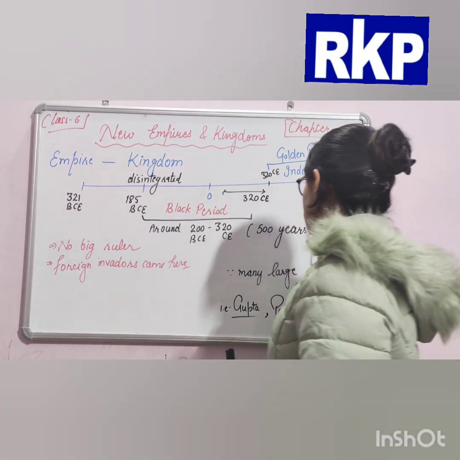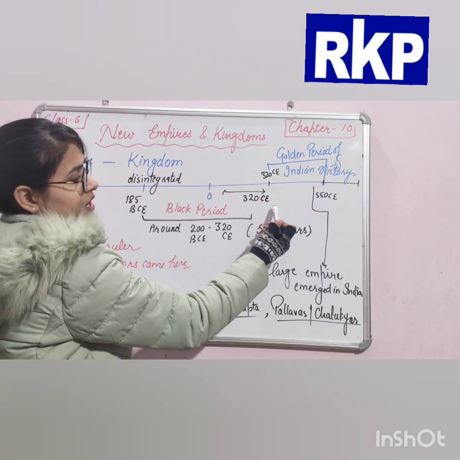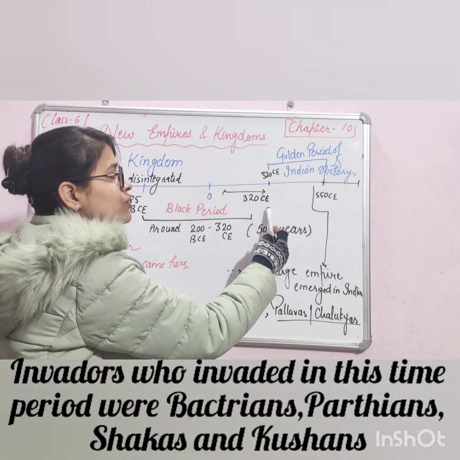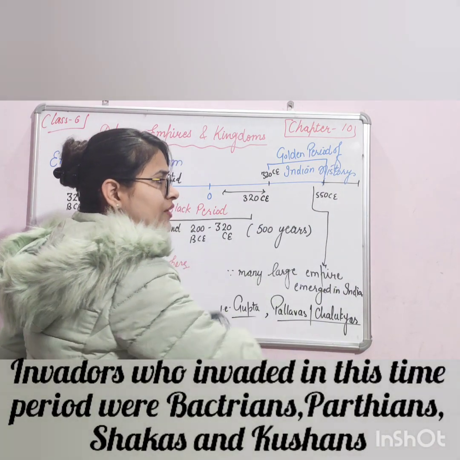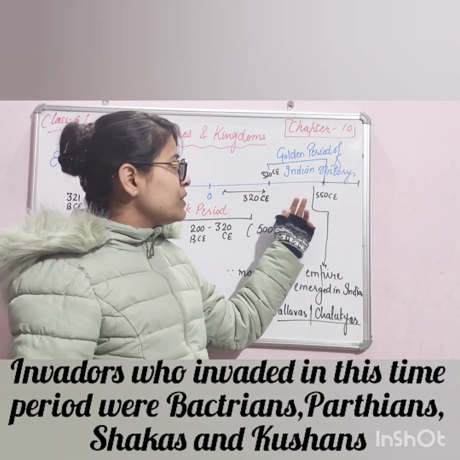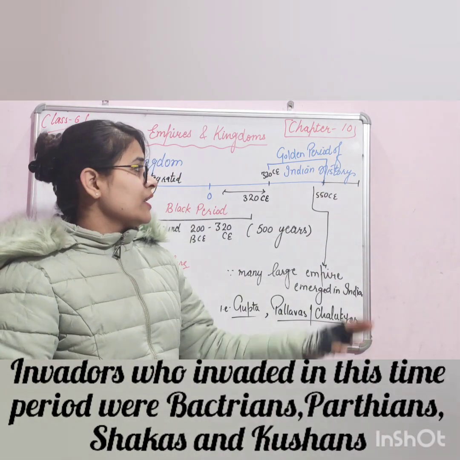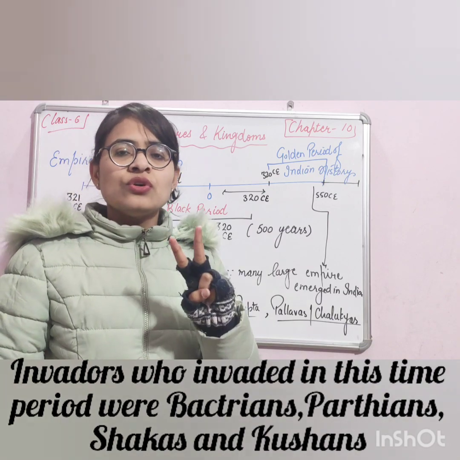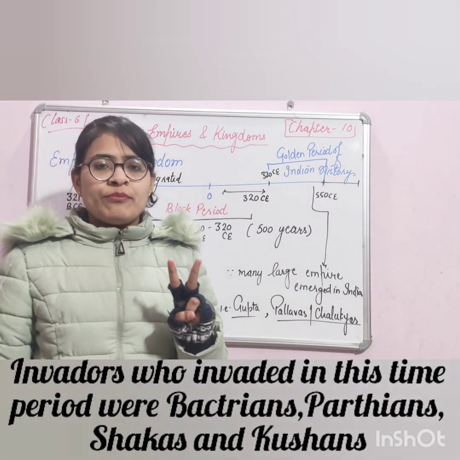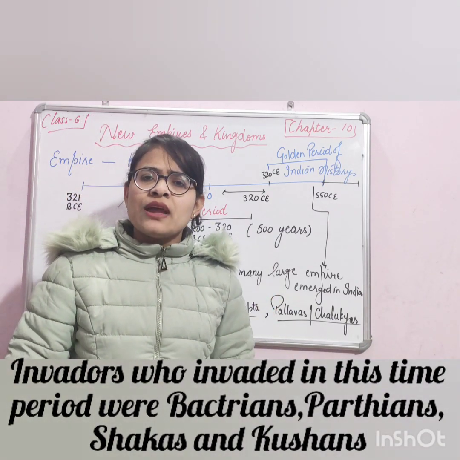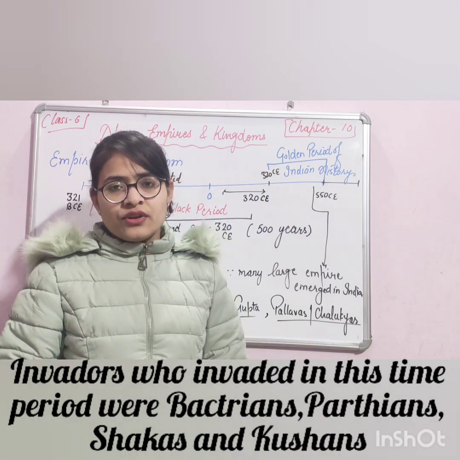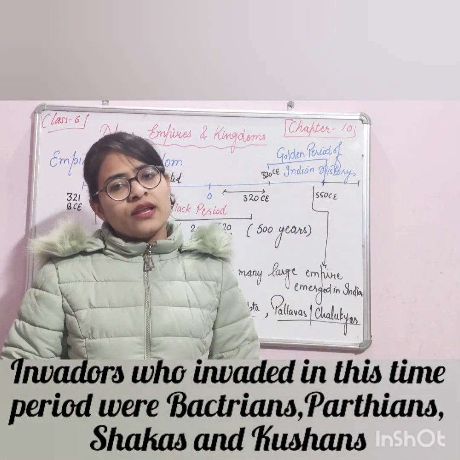If we talk about after this time period, after 320, so 320 CE to 550 CE, this time period is known as the golden period of Indian history. And in this time period, so many empires emerged in our country, in North India as well as in South India.